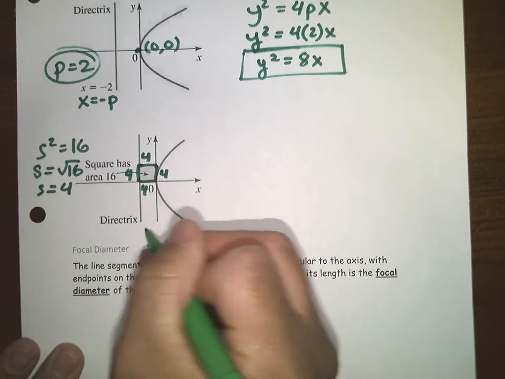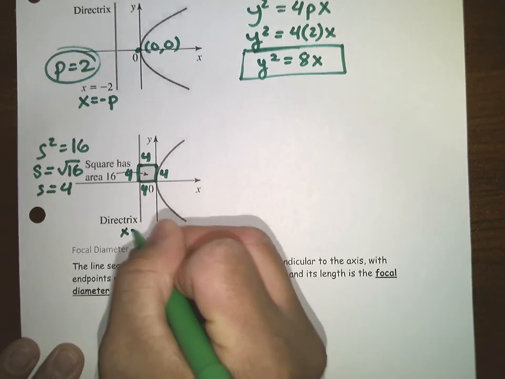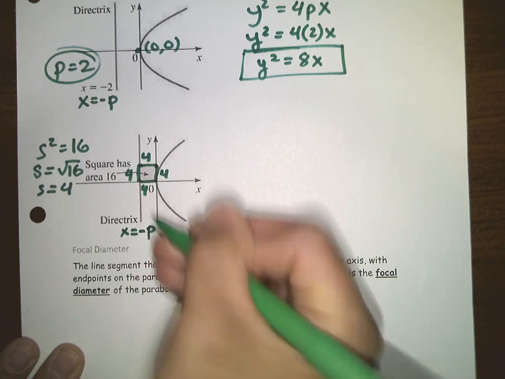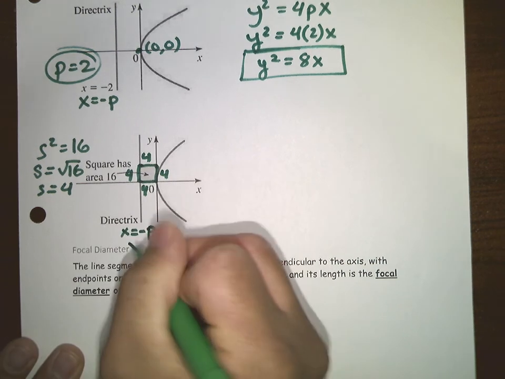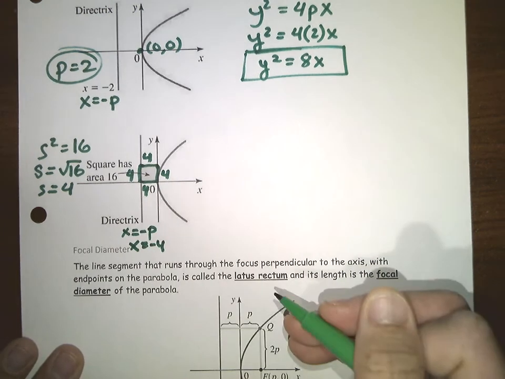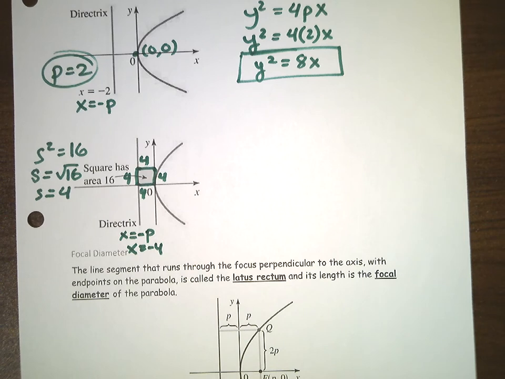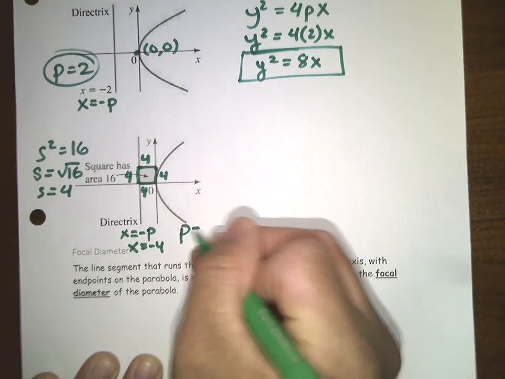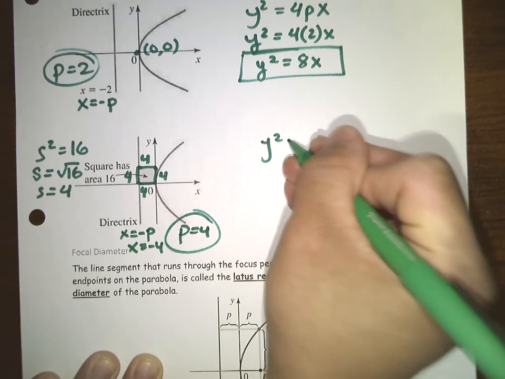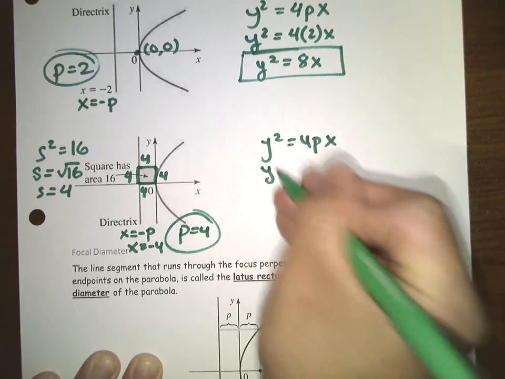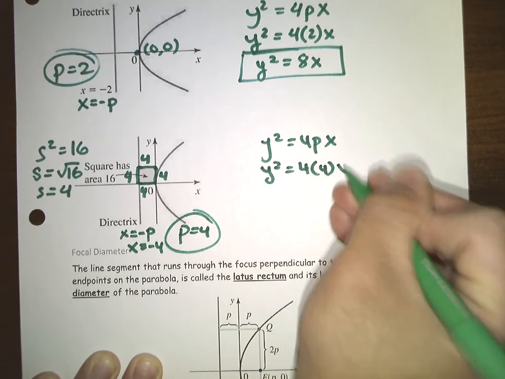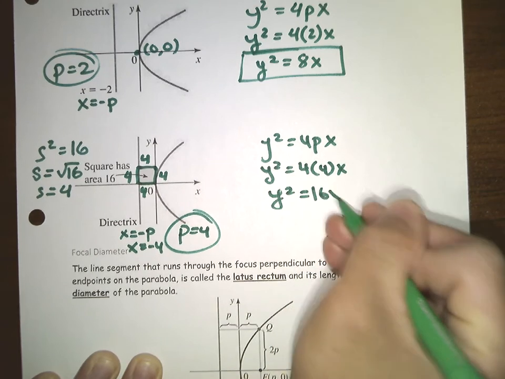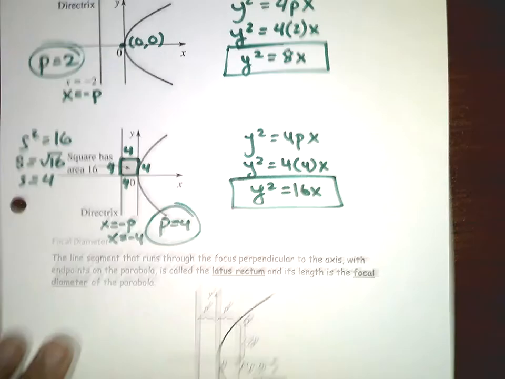So then if the directrix is right here at x is equal to negative p, and I can tell that's a distance of 4, so x is equal to negative 4, that means p is equal to 4. So since p is equal to 4, then y squared is 4px, or y squared is 4 times 4x, or y squared is 16x, and that is the equation of the parabola.